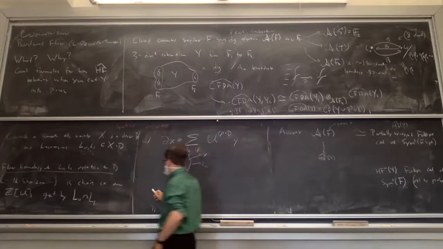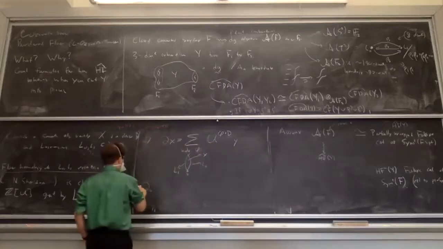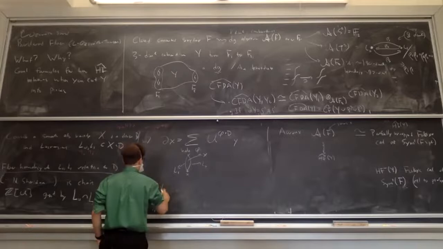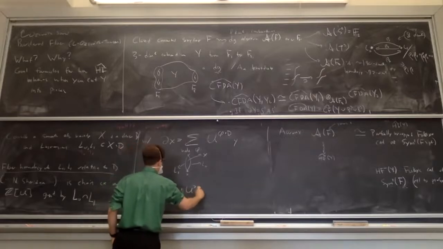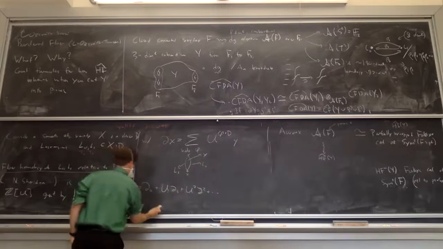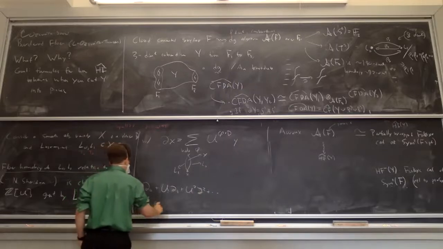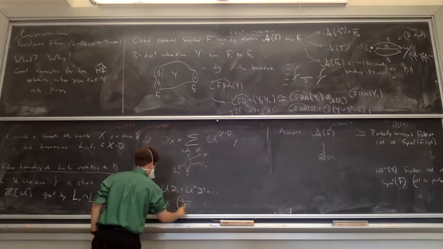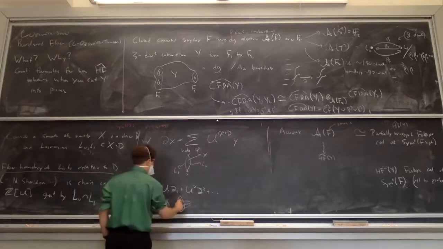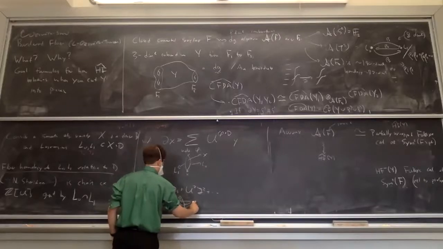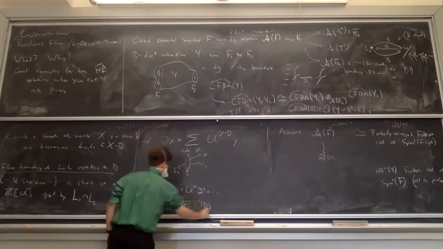So this is D0 plus U D1 plus U squared D2 plus dot, dot, dot. And Di counts things where it passes through the divisor at i points, 1, 2 up to i, where this is phi inverse of the divisor.